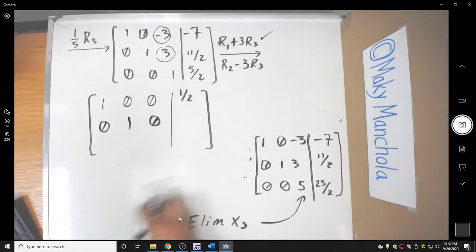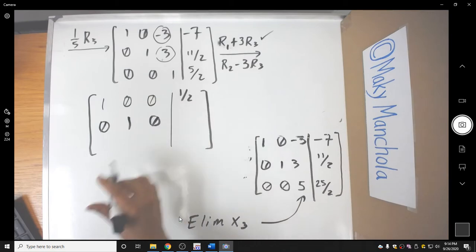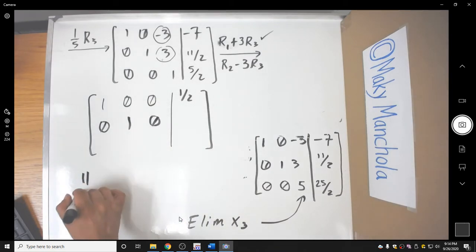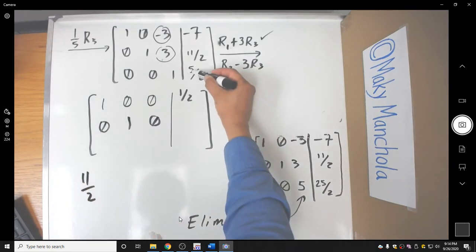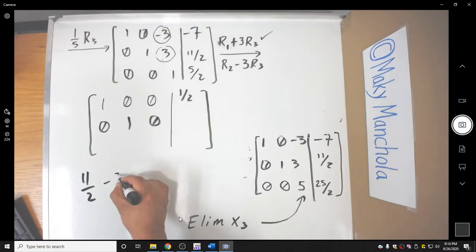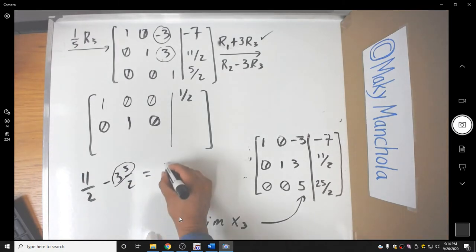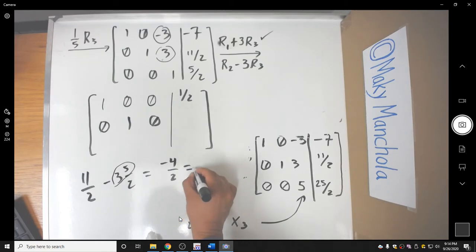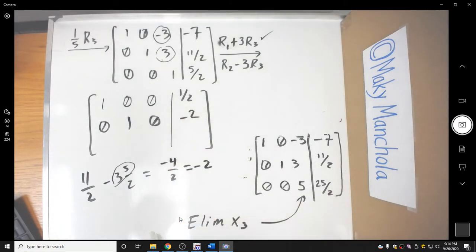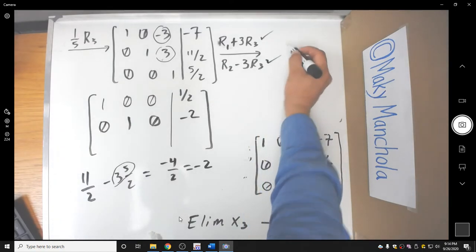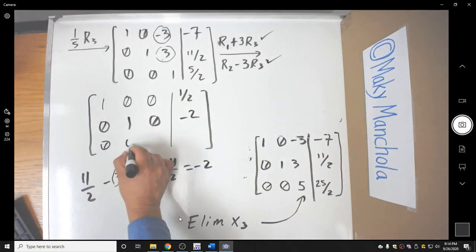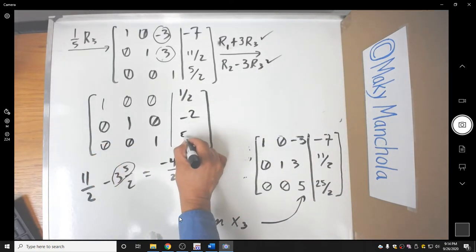Now we have to do 11/2 minus 3 times 5/2. -3 times 5/2 is -15/2. So you end up with -4/2, which is -2. Okay, so that's done. 0, 0, 1, 5/2.